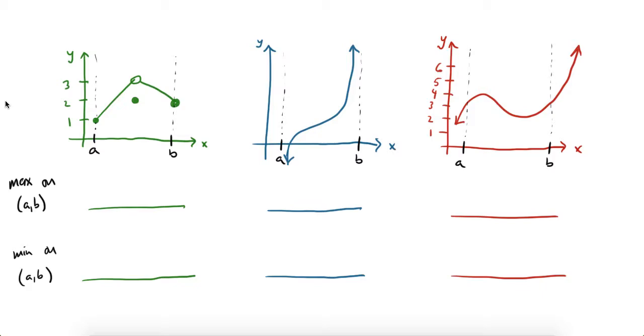Okay, so let's look at the green one. Absolute max. That means we want a y value that's bigger than every other y value within this spread from a to b. So it looks like maybe the biggest y value is 3, but that's an open circle, right? Which means that that point's not actually filled in. So we never actually hit 3.